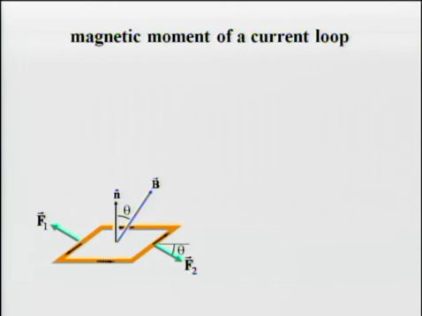We have to multiply I L, current times vector L, which is drawn from one end of the wire to the other end of the wire, consistently with the orientation of the current. So I L is in this direction.